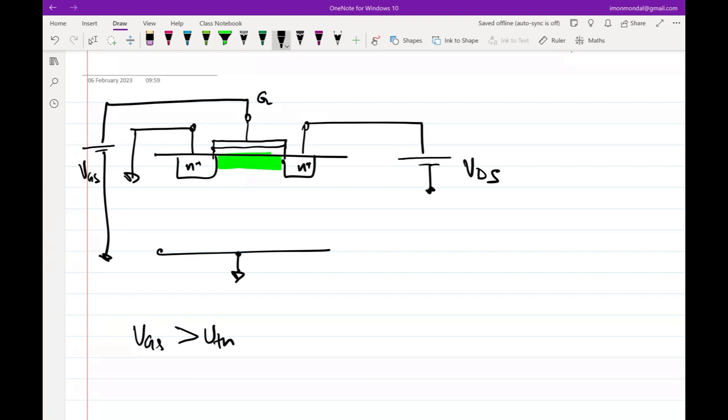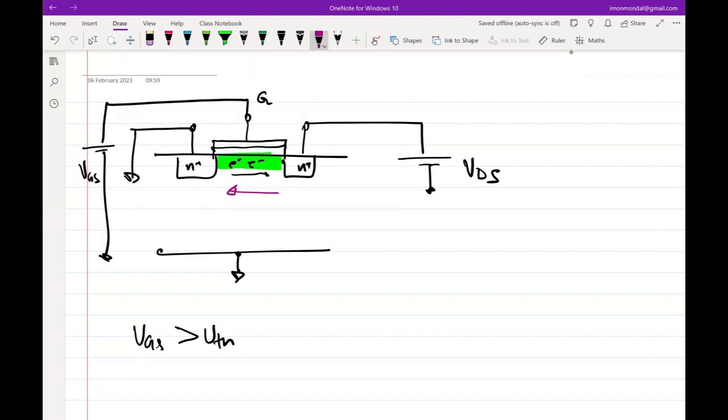This is a good thing because ultimately we'll be able to use these mobile electrons for transport, right? We'll be able to use them for flow of current between drain and source. So now what happens when you apply a certain voltage between the drain and source? Not only will these electrons flow this side, but essentially the current will flow from drain to source.